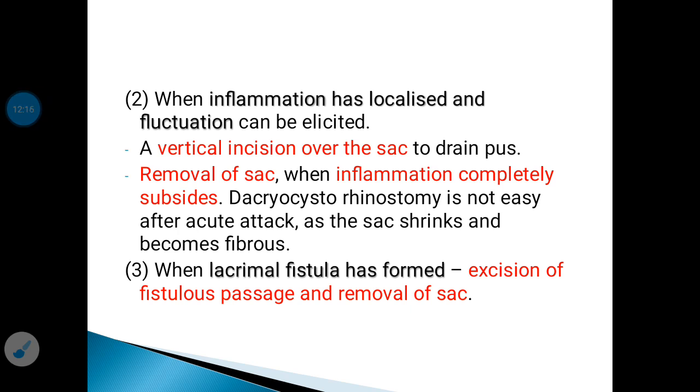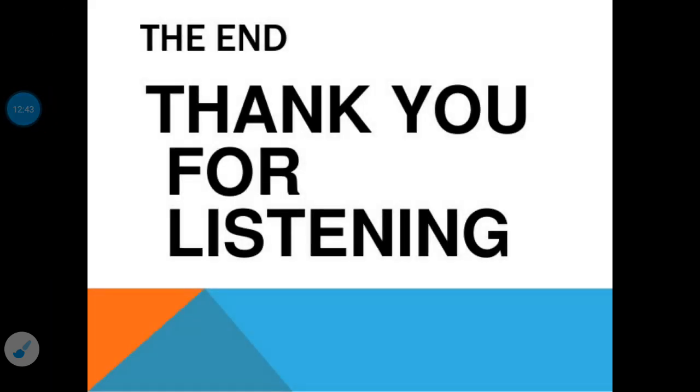When the inflammation has localized and fluctuation can be elicited, a vertical incision over the sac to drain the pus is the treatment. Removal of the sac is done when inflammation completely subsides. And in the third condition, when the lacrimal fistula is formed, the treatment is excision of the fistulous passage and removal of the sac.